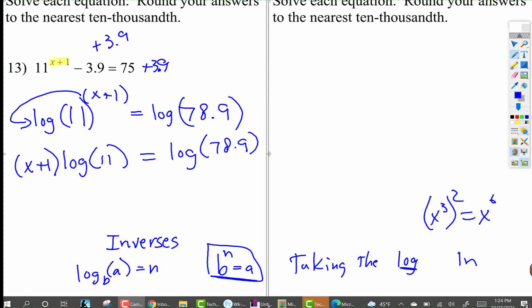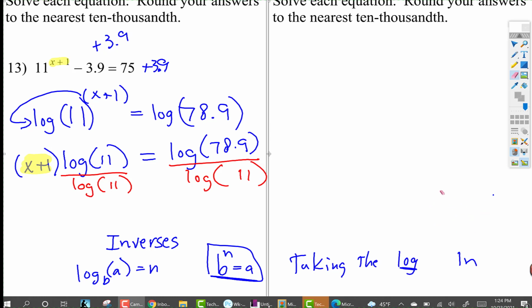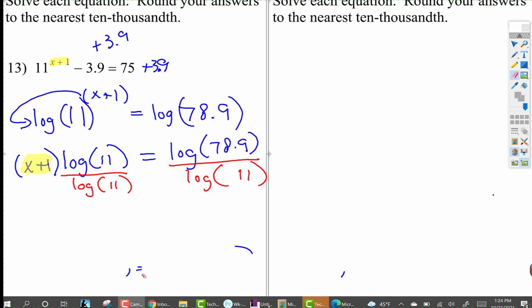78.9. Well, remember, we still want to get this x by itself. It's in parentheses right now. So what we're going to have to do, notice log 11 is multiplying against that parentheses. So the inverse of multiplying is dividing. And all right, so now this can cancel.